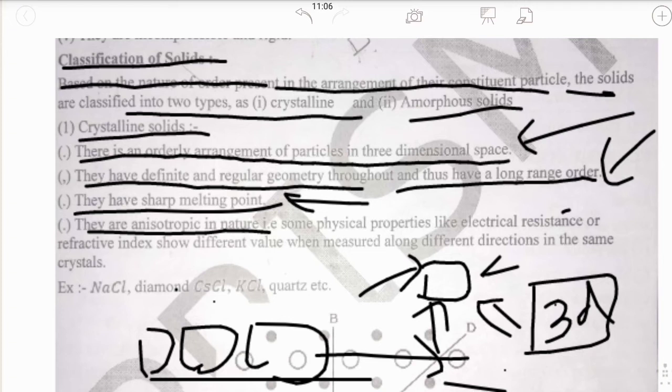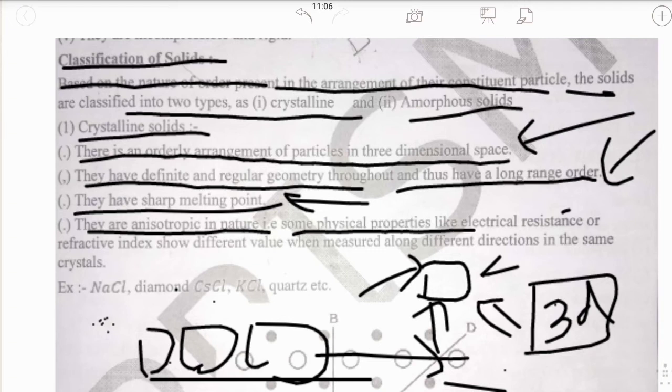But when you take powder particles, that is amorphous, when you measure from different directions, it will give you the same value. That is isotropic. Isotropic does not show different values when measured along different directions.